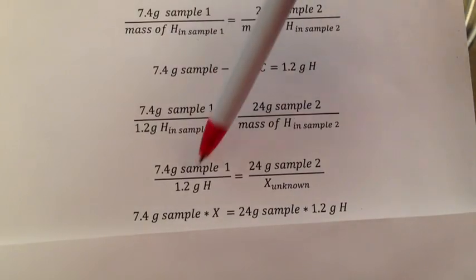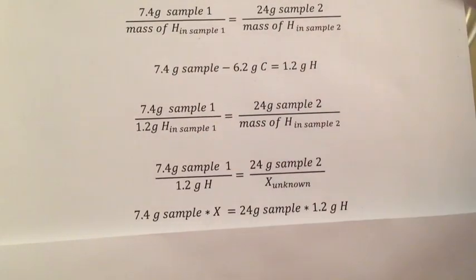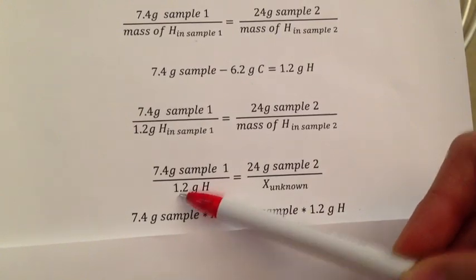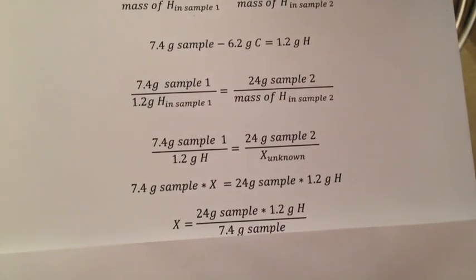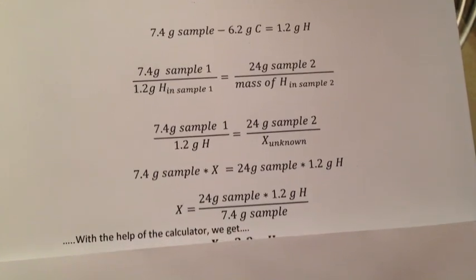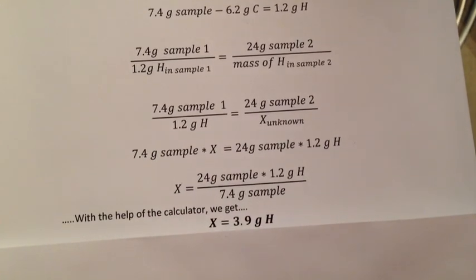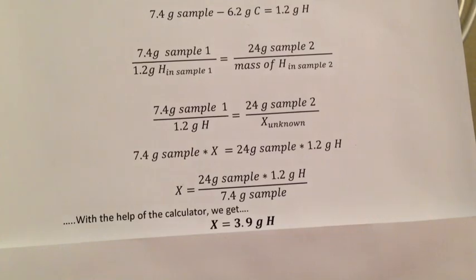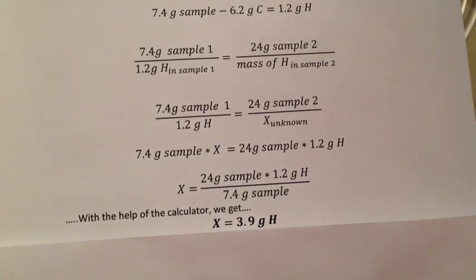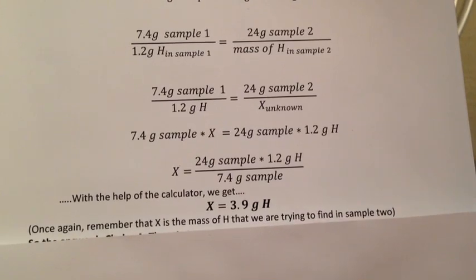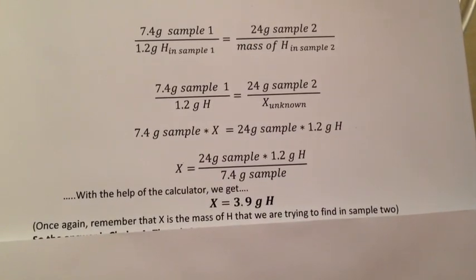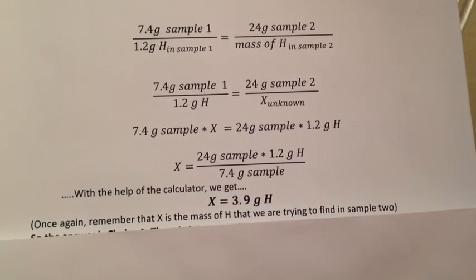So we get 7.4 times x equals 24 times 1.2. And when we isolate x, with the help of the calculator, we get x equals 3.9 grams of hydrogen. Once again, remember that x is the mass of hydrogen that we are trying to find in sample 2.